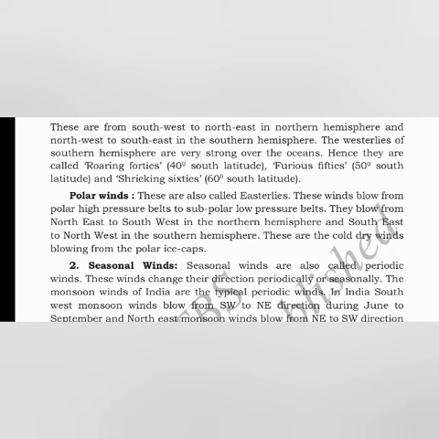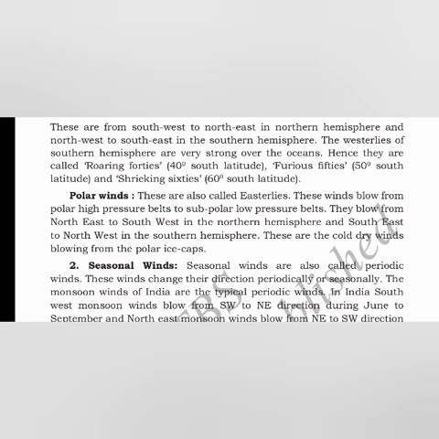The local winds have many types in different places, like mountain breeze, sea breeze, valley breeze, Chinook in USA, Loo in India, and Sirocco. In many places they are called by many names.